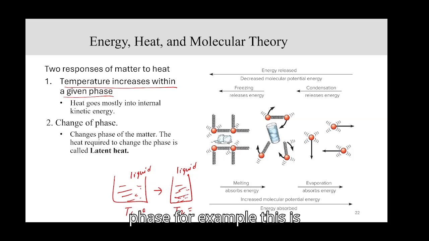For example, this is 90 degrees Celsius, and it reached 100 degrees Celsius, and as we added more energy, it starts evaporating, meaning the liquid is converted into gaseous form, which is phase change. We call it phase change.